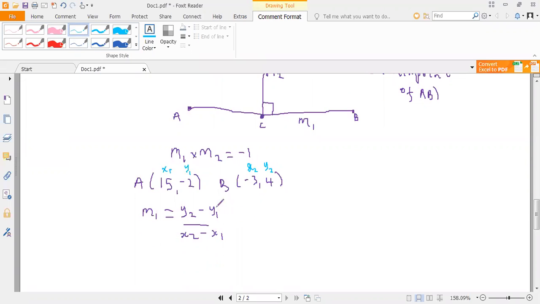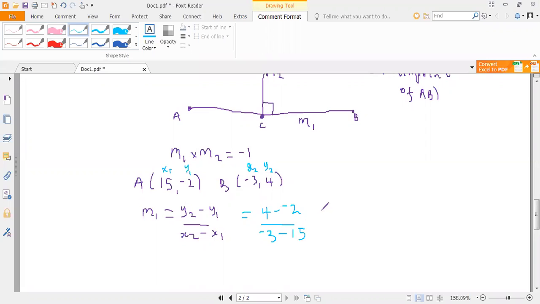Okay, so we can now do the substitution. We shall end up having Y2, which is 4, minus Y1, which is -2, divided by X2, which from coordinate B is -3, minus X1, which is 15.